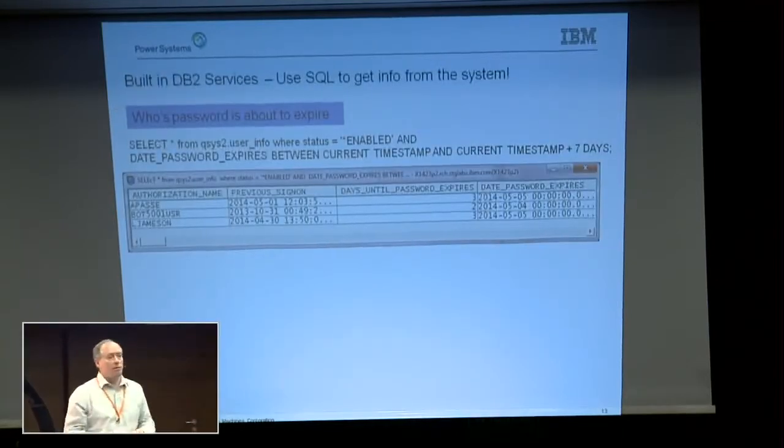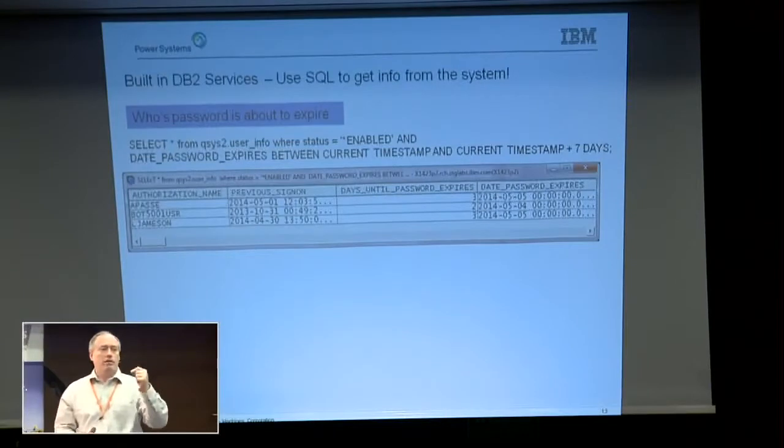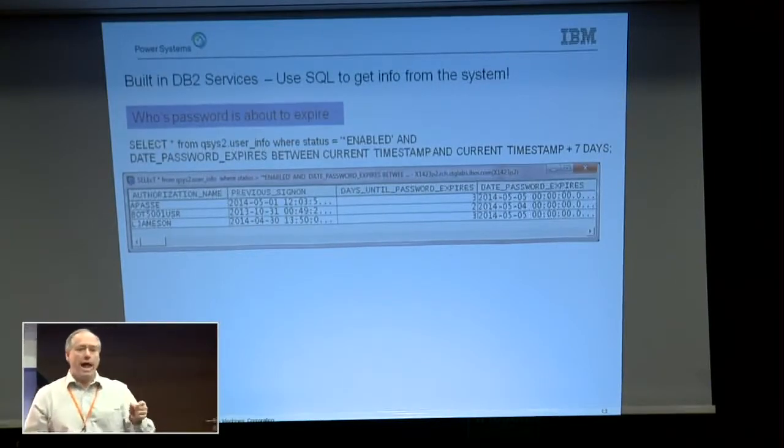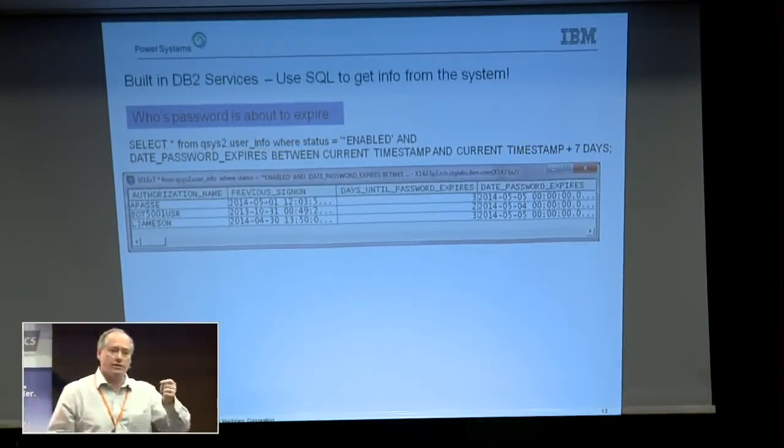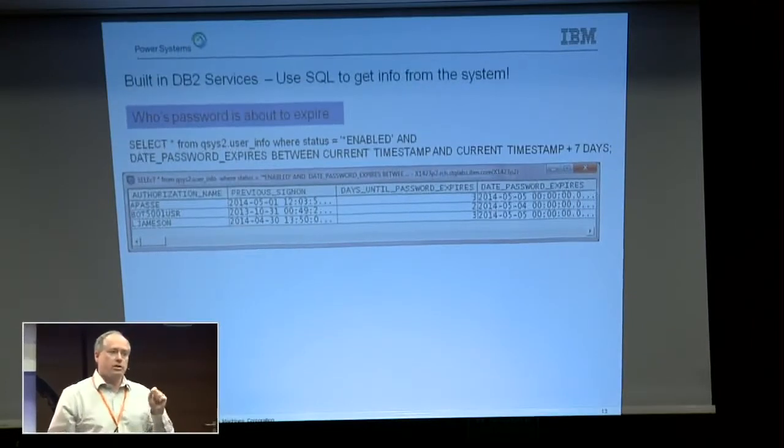Let's talk about some application things that we added. We added some DB2 services. There are services that you can use SQL to access stuff. I want to get access to a user ID, system value.